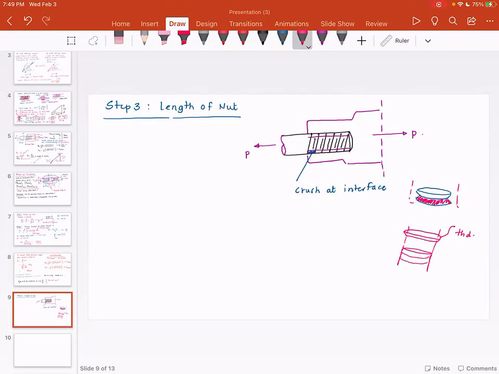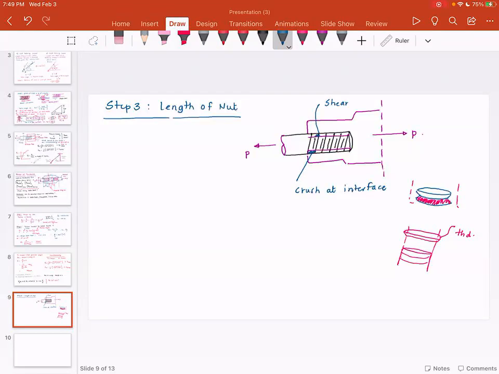And this failure will happen here, and that will be because of the shear failure. So there are two types of failure that are possible. One is the shear failure, and the other one is the crushing failure.